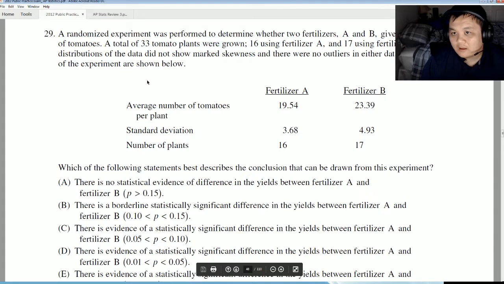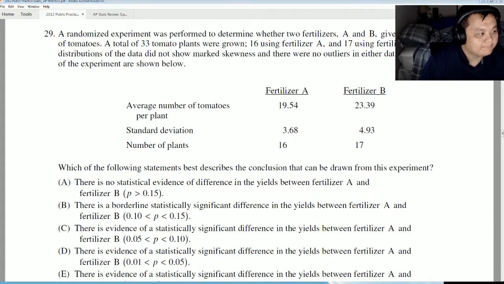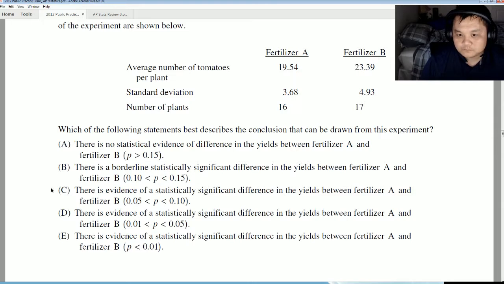Two sample t-test. Yeah. You have to get the p-value.